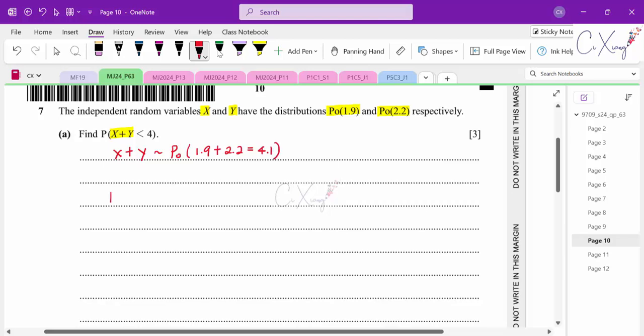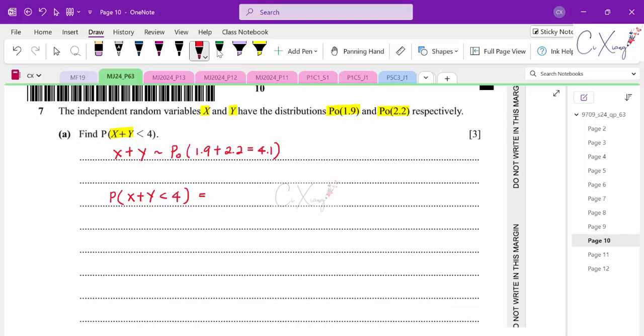Then you can continue with the calculation for the probability of X plus Y smaller than 4. A Poisson distribution is a discrete random variable, so when you want to calculate the probability, the values should be integers. You can start from X plus Y equals 0, X plus Y equals 1, X plus Y equals 2, and so on.